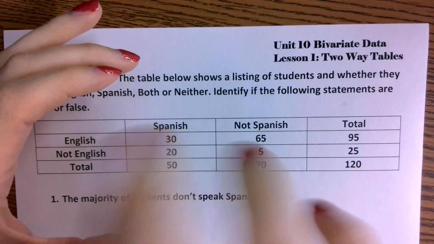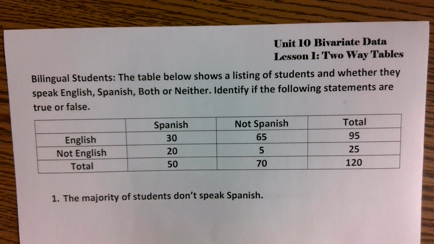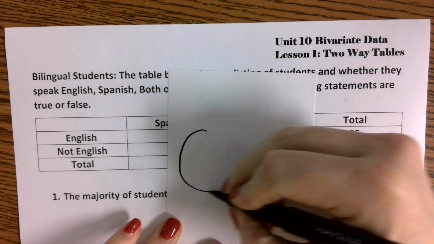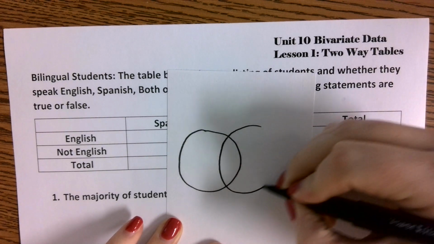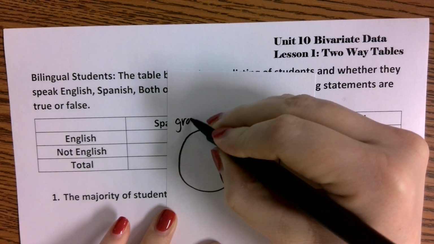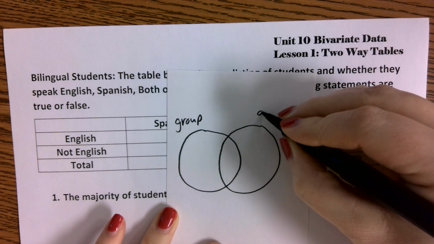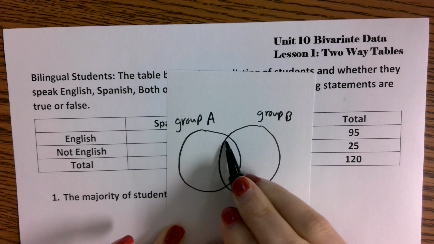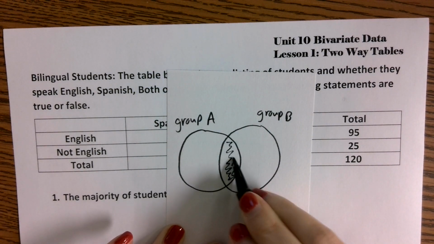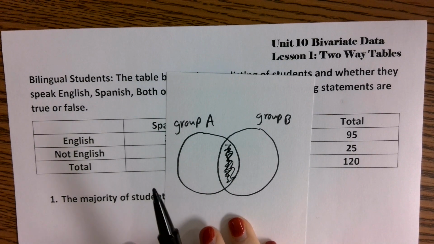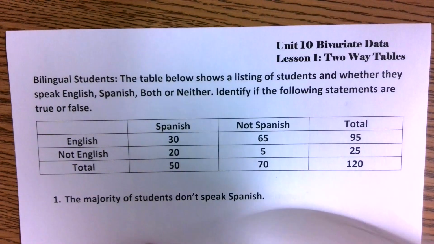Let me draw it off to the side, where you've got one section that covers one group, and then another section that represents another group, so group A and group B. And this portion is where group A and group B overlap. It's a similar process to what we're doing with the two-way tables.